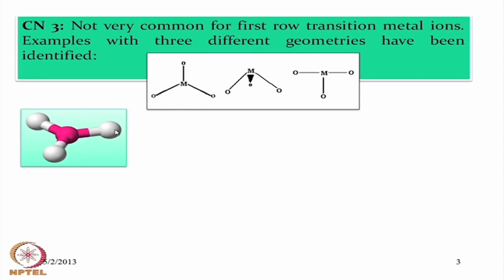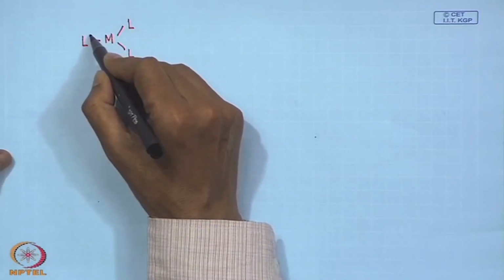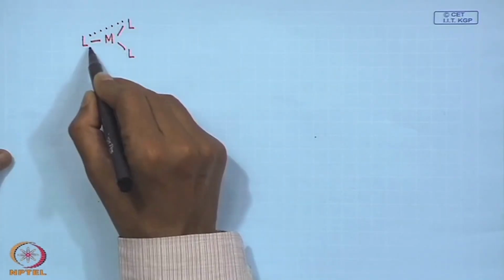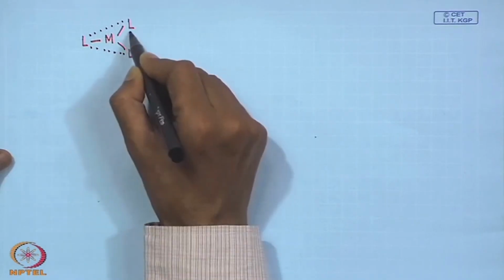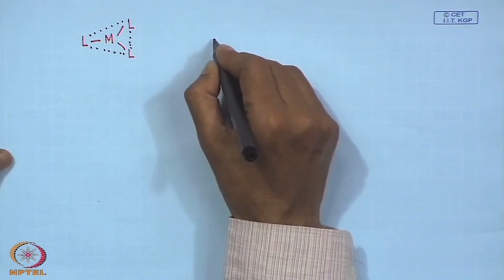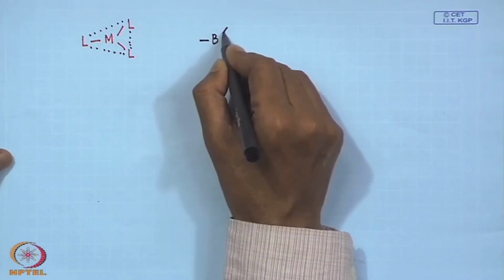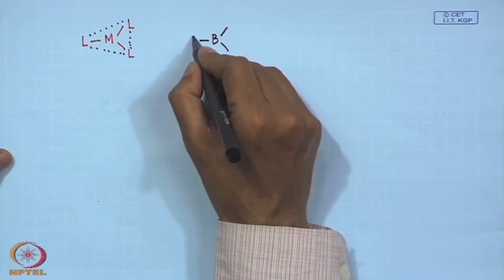So, if we have the metal at the center and 3 ligands at 3 positions, 3 different positions of the equilateral triangle, we get this particular geometry, which is known as possible for boron trifluoride.